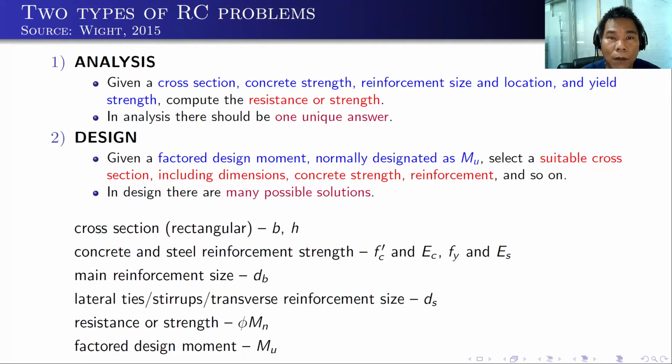For the concrete and steel reinforcement, we usually use f'c and fy, and Ac and As. For the main reinforcement size, we use d sub b, and for lateral ties or stirrups or the transverse reinforcement size, d sub s. Also for the resistance or strength, we have phi M sub n. Also the factored design moment is M sub u.